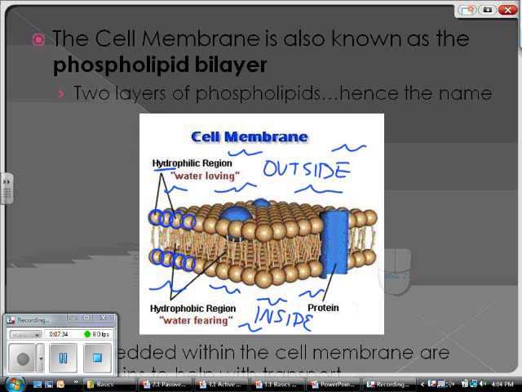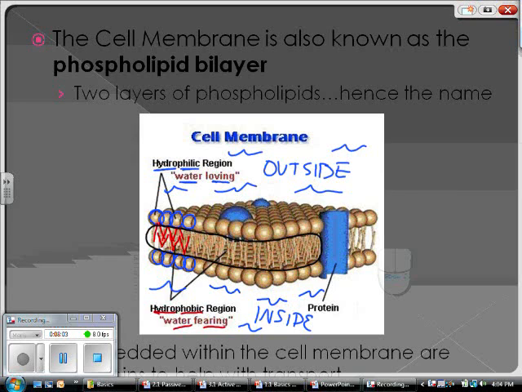We refer to them as being hydrophilic, or water-loving. They like to be in contact with the water. However, these fatty acid tails, this middle portion that we have, we refer to them as being hydrophobic, water-fearing. They don't want any water in that middle region, right? So this middle section, all in here, is dry.